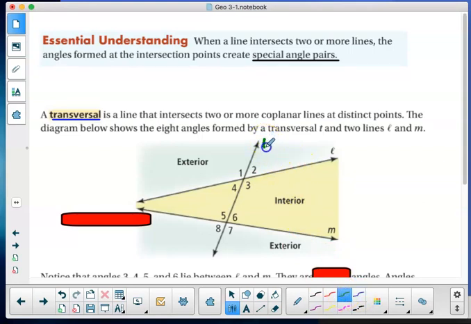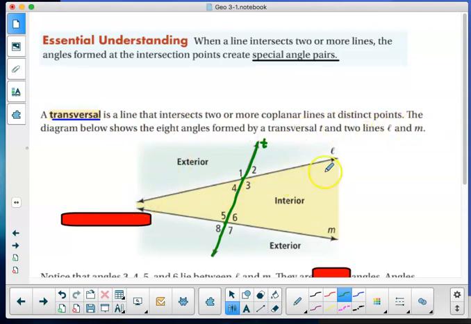Our transversal, we're going to label that line T. That's this right here. A transversal is crossing two other lines. So a transversal is a line that intersects two or more coplanar lines at distinct points, one point and the other point. The diagram below shows the 8 angles formed by a transversal T and two lines L and M.